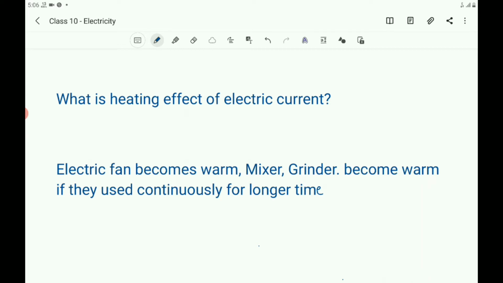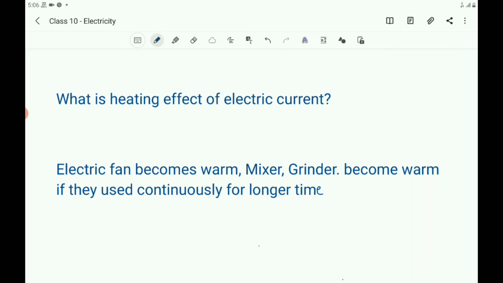A part of the source energy in maintaining the current may be consumed in useful work like rotating the blades of an electric fan, rotating the motor of the mixer, grinder, etc. That means the electrical energy is converted into mechanical energy here. The rest of the source energy may be expended as heat to raise the temperature of the gadget.